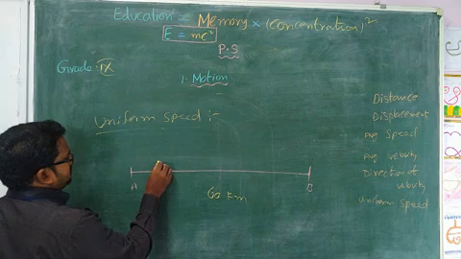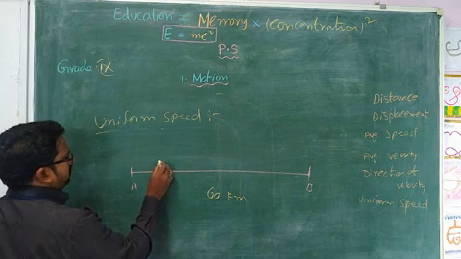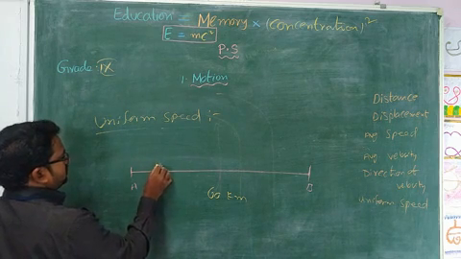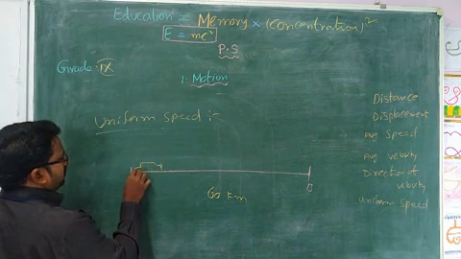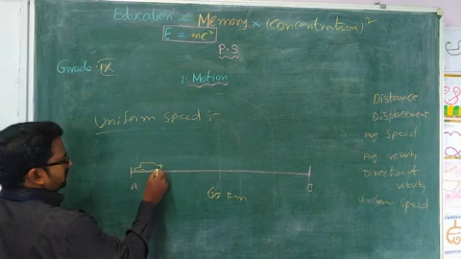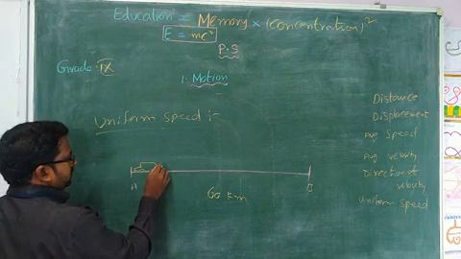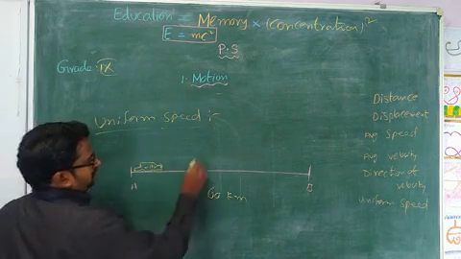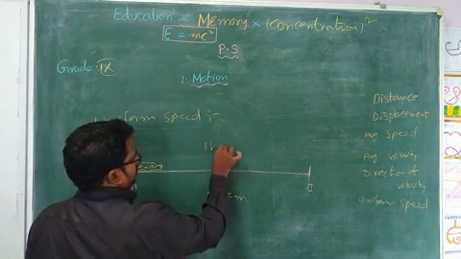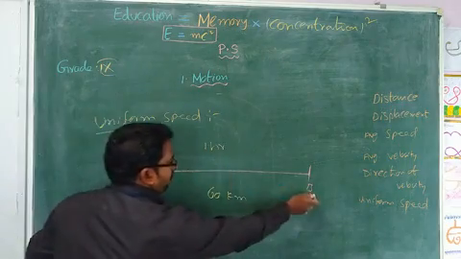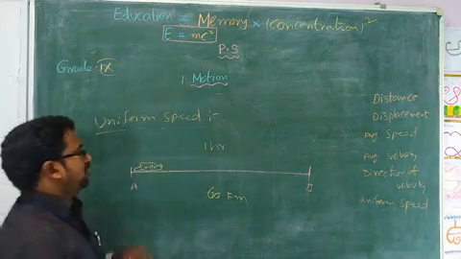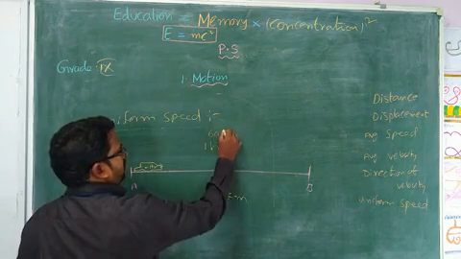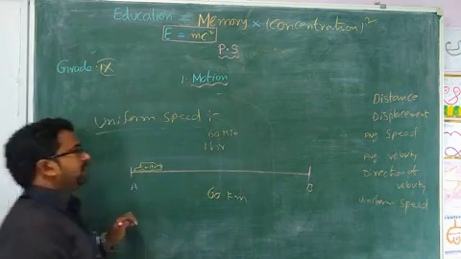Let us consider a car. This car covers the distance, moving in this direction. It reaches point A to B in 1 hour, nothing but 60 minutes.